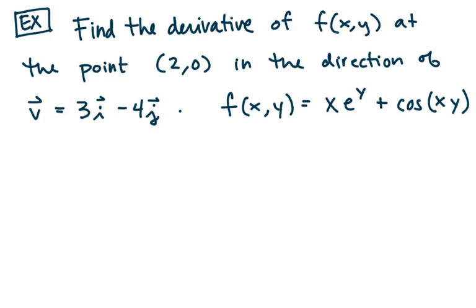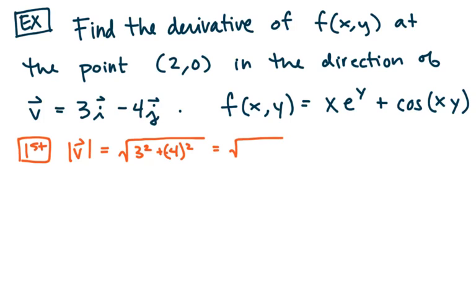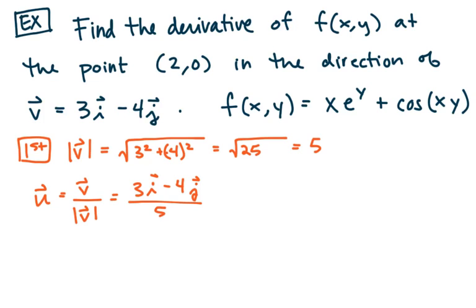So my first step will be to find that unit vector. The magnitude of v is the square root of 3 squared plus, technically, negative 4 squared, which is the square root of 25, which gives me 5. So my u vector is going to be v divided by its magnitude, which is 3i minus 4j divided by 5.